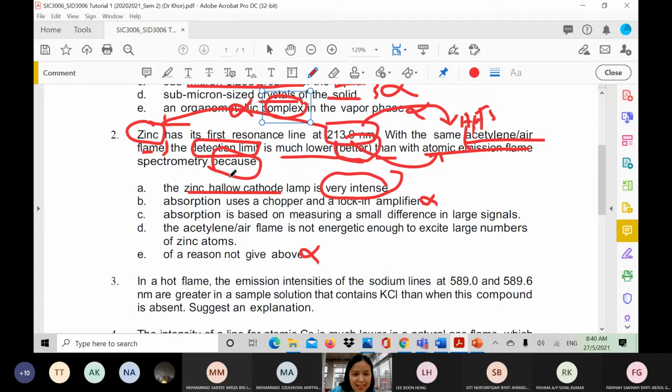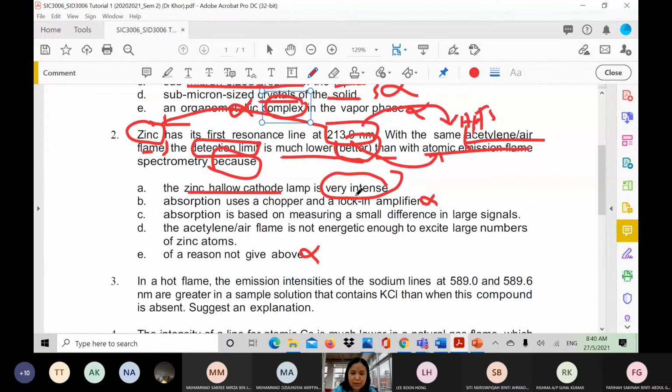But not for AAS. So for AAS light source, we learned two light sources, either a hollow cathode lamp or electrodeless discharge lamp, right? It doesn't mean that if you have higher energy of light source, you will make the detection sensitivity higher. It's not the case in AAS, but only in AFS, atomic fluorescence, right?